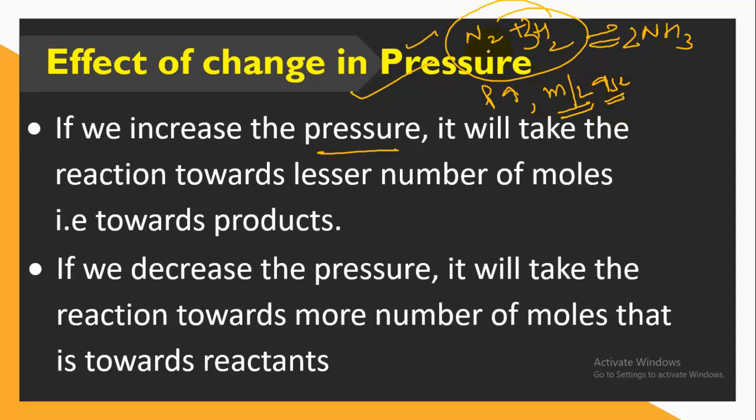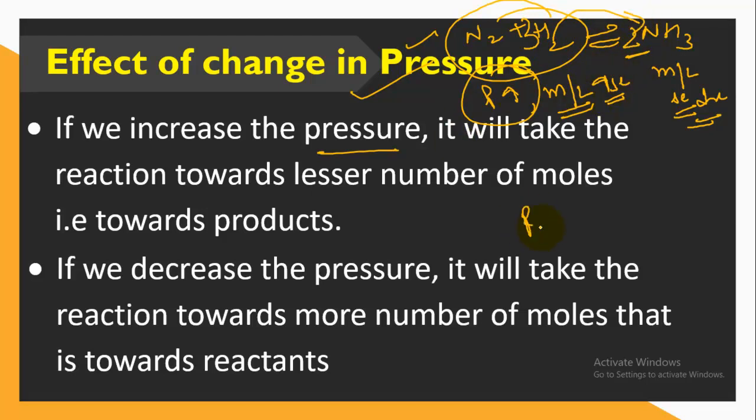So it will make the reaction move in that direction in which the moles per liter present in a given volume decreases. As you can see, on the left hand side we have 4 moles and on the right we have 2 moles. So which will be favored? Obviously if the pressure is increased, so moles per liter gets increased, that side will be favored which has lesser number of moles. So that means the forward reaction is favored.